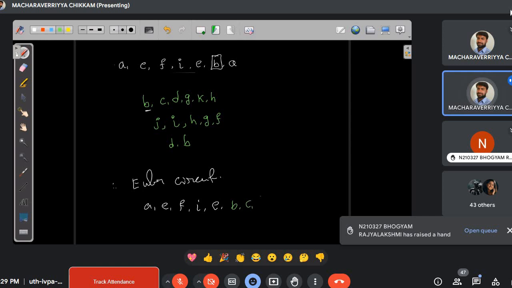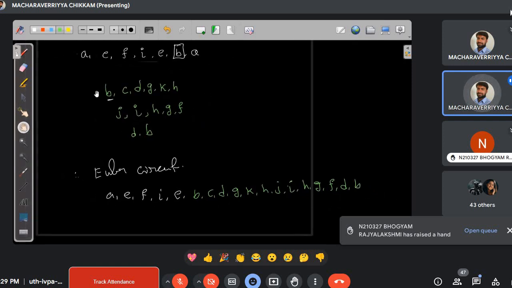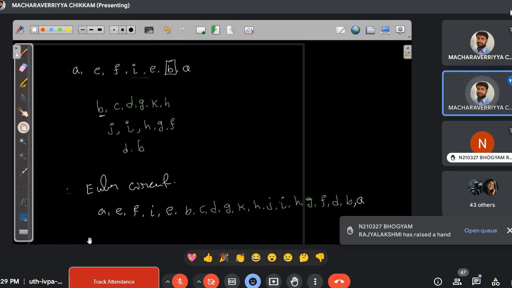So B, C, D, G, K, H, I, sorry, J, I, H, G, F, D, B, and then we need to continue the rest. What is it? Just A. So this is how you can identify an Euler circuit in a connected digraph if every vertex is of even degree.